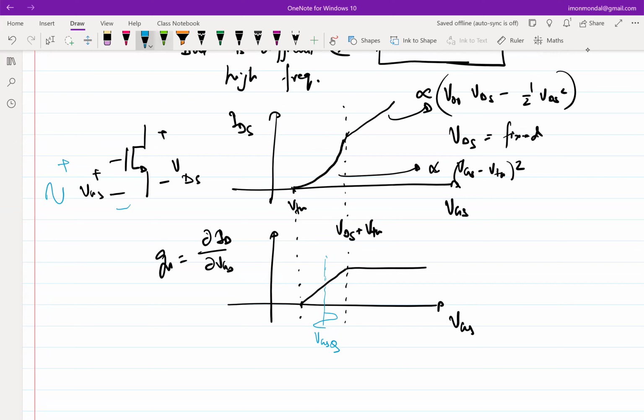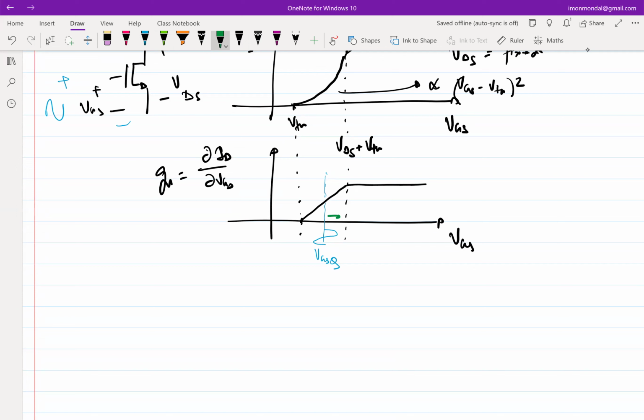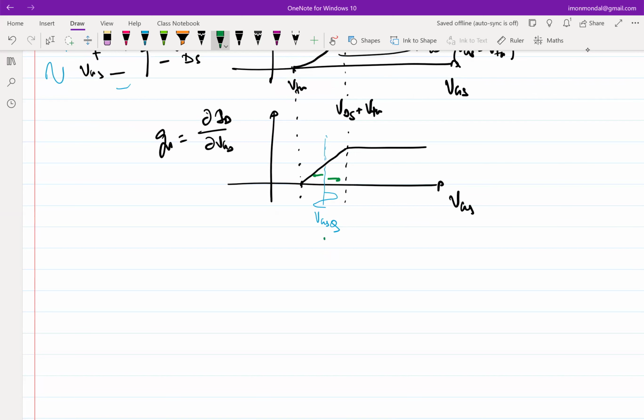So clearly, this half of the sinusoid, on average, sees a larger GM than this half of the sinusoid. Correct? So to a very crude approximation, your output on the right-hand side, the incremental current, this side will be larger than this side.